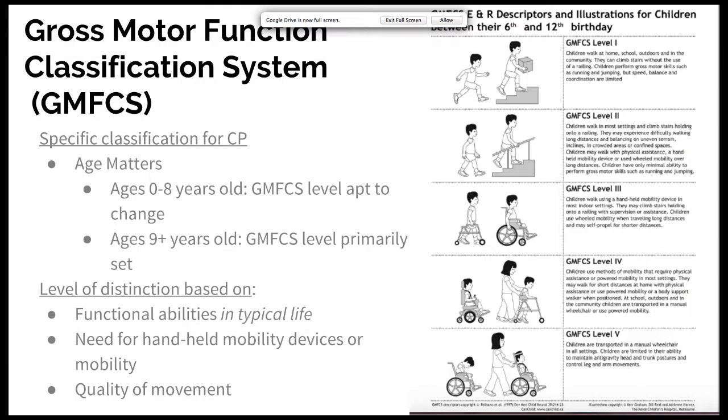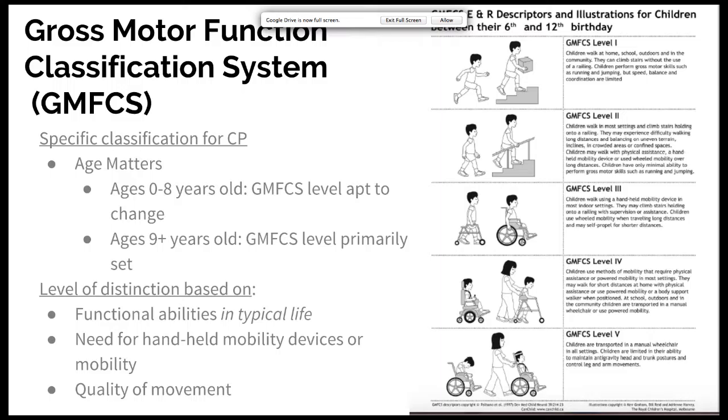In America, we use the Gross Motor Function Classification System as a way to help us classify the different levels of CP. We can also abbreviate this as GMFCS. This classification system is specific to cerebral palsy and classifies the patient's functional level in regards to their everyday functional capabilities.